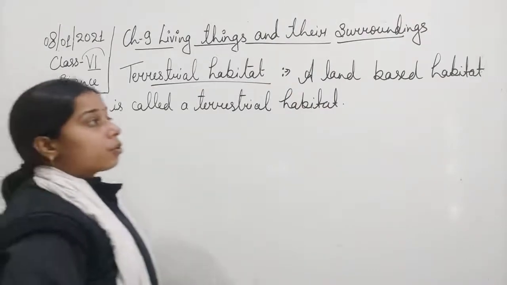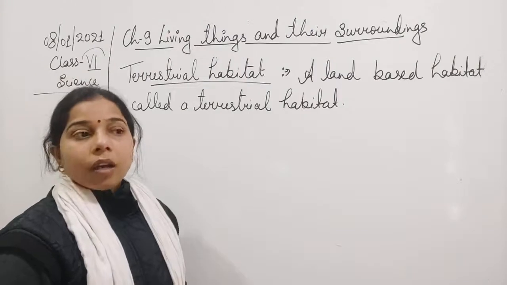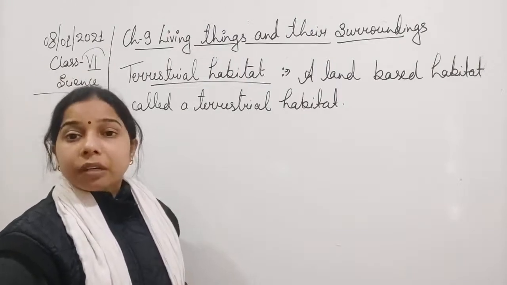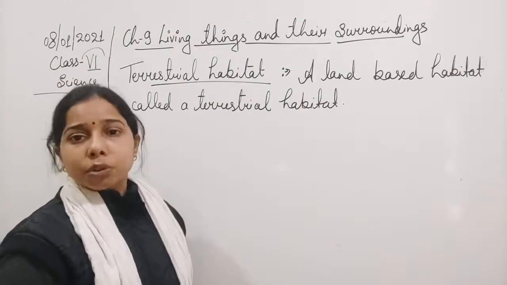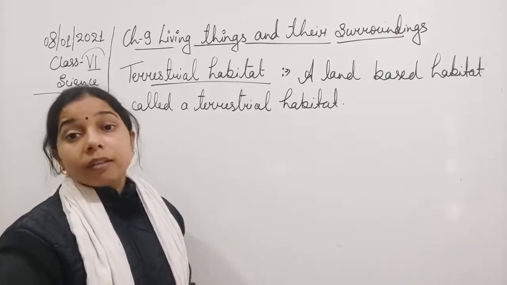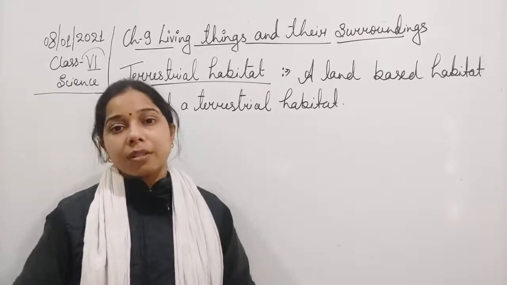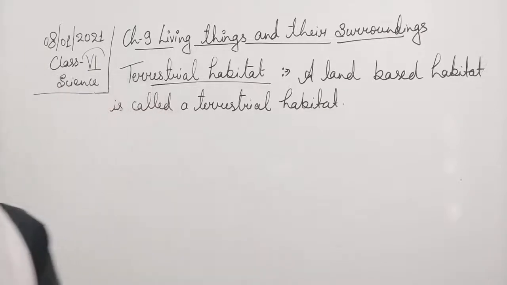Okay, and so we can say that the plants or the animals who live on the land, who survive on the land, they show the terrestrial habitat, or they possess the terrestrial habitat.